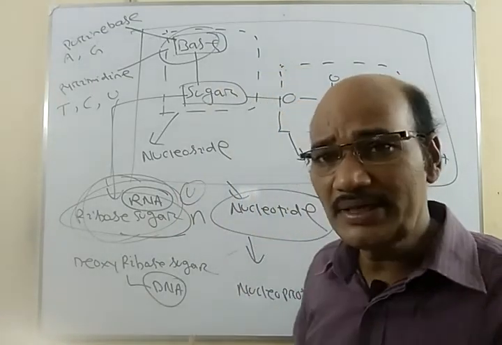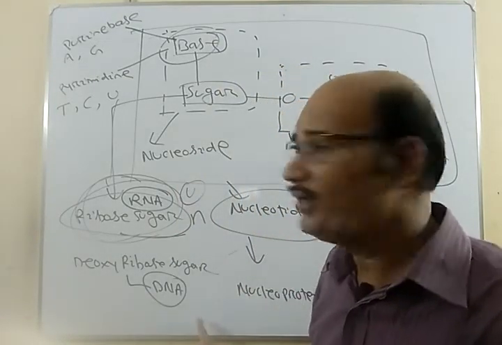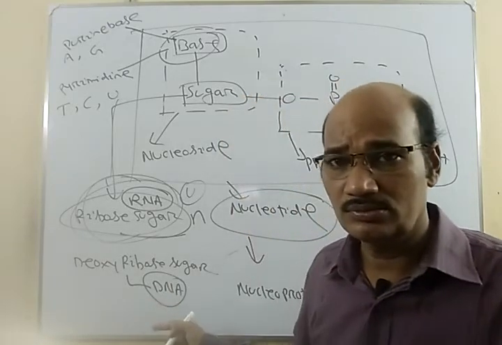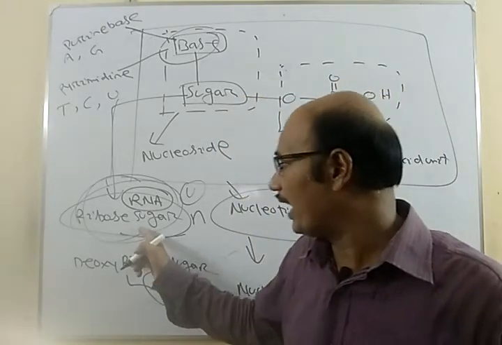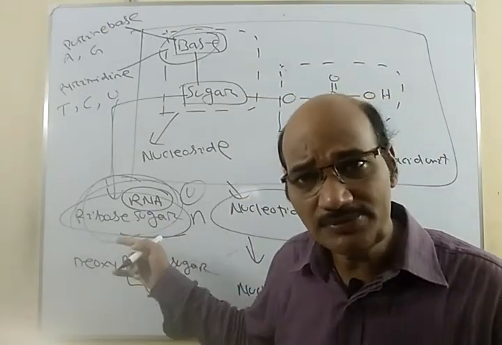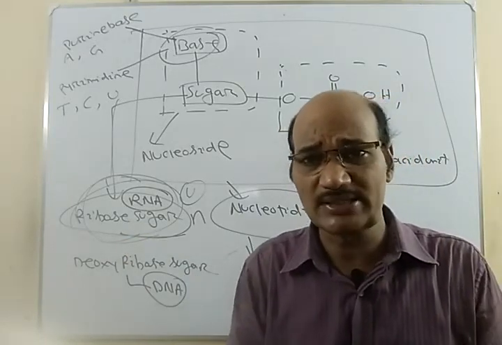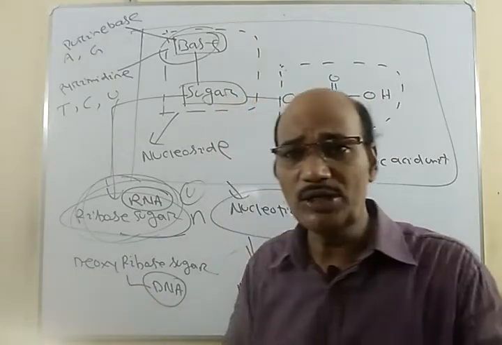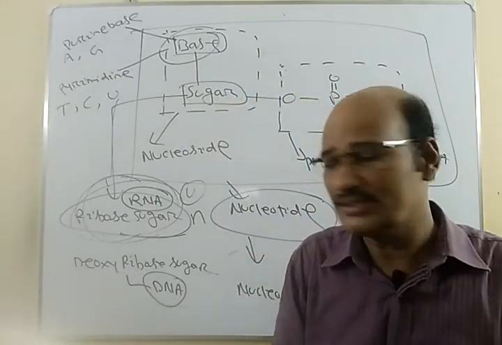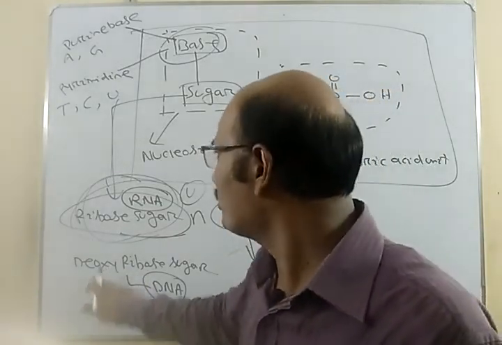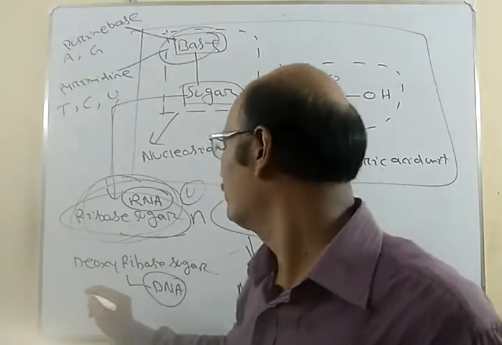In the DNA we have two strands. In RNA we have a single strand. In the DNA we have double strands. Two strands are there. One strand is rolling over the next strand. And here the base combinations are what?